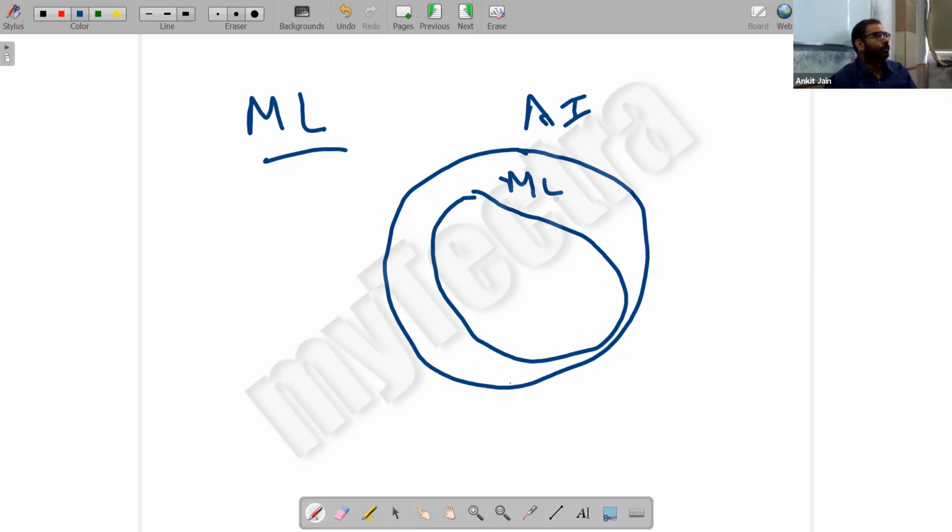Can you feel it now? Your data set, last 6 years or 10 years of data, you have made your machine learn that data set using different algorithms. Now that machine will take decisions for you. Today, should I take the class? Yes or no? Previously, it was like today students may not come, let's say no.